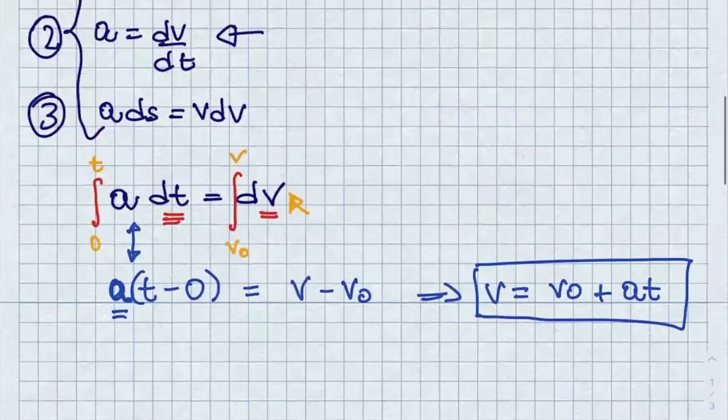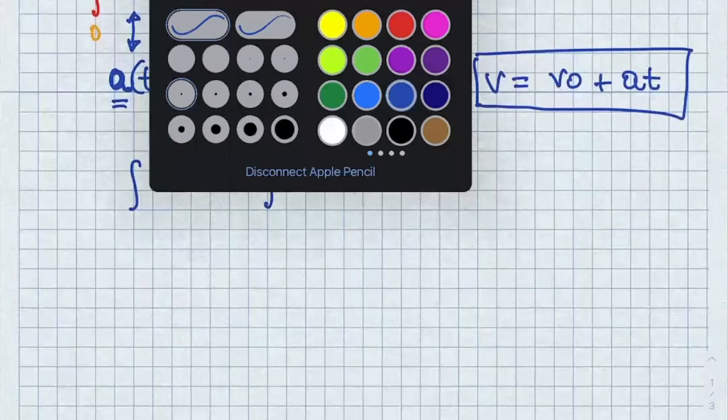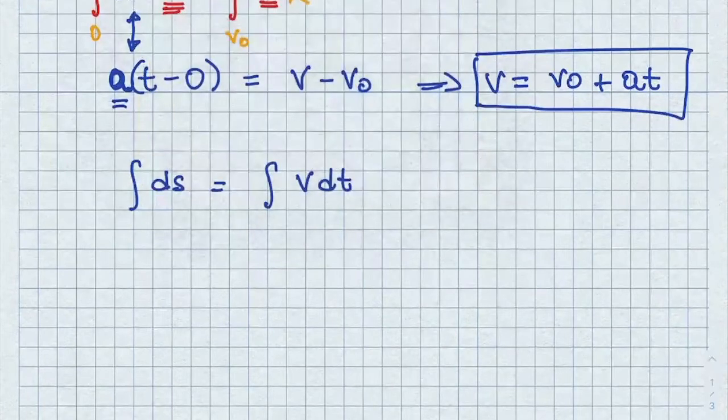If I do the same thing for equation 1, I have ds is equal to the integral of v dt, and the integral goes from s naught to s. This goes from 0 to t.